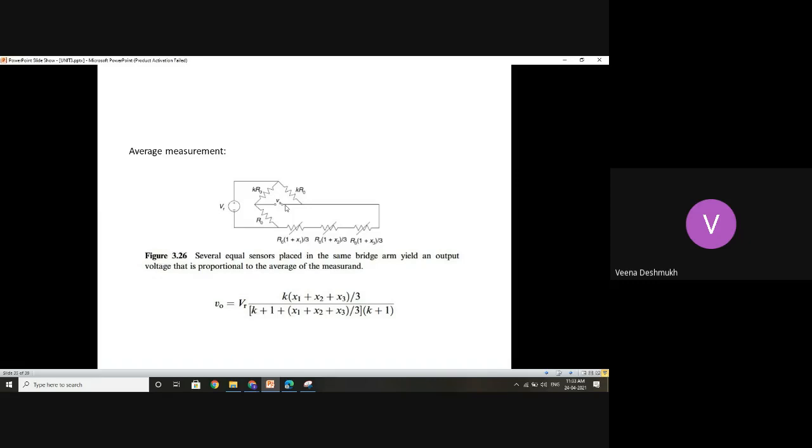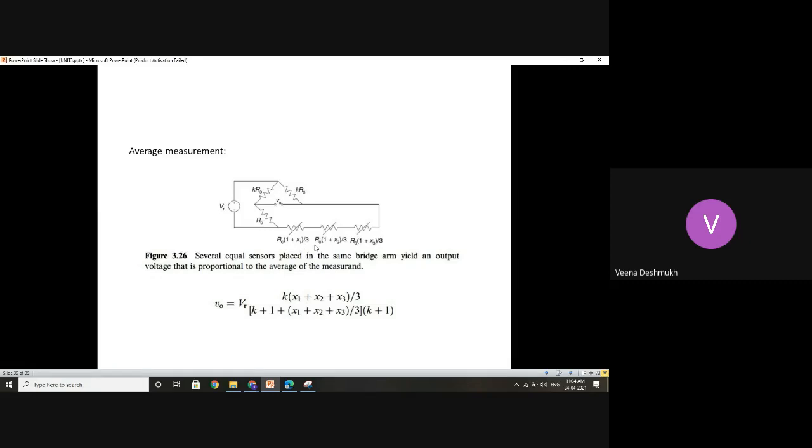So in this case, three sensors are connected. Now you don't know which actually they are supposed to be, or rather we assume that they are equal sensors. But even when we say equal sensors, the variation in them can be different.